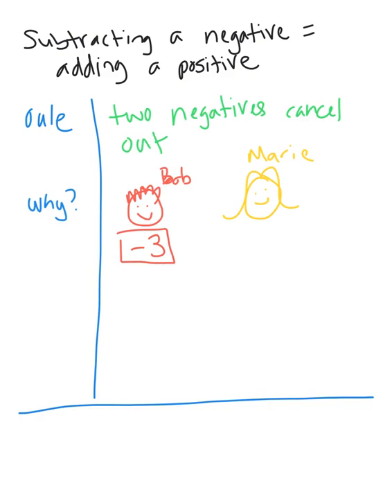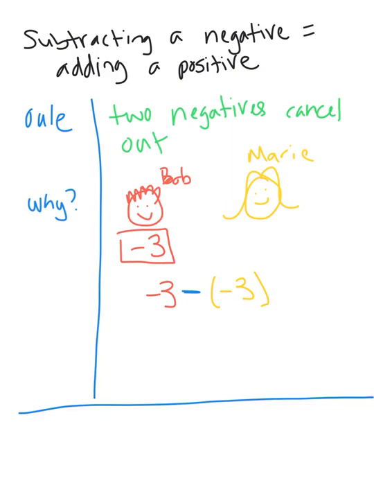So if Bob starts with negative $3 and Marie wants to take away some of that pain, she can take away that negative $3.